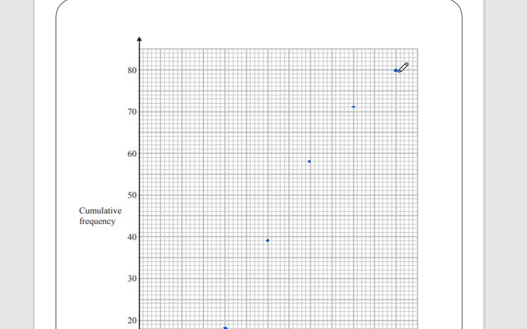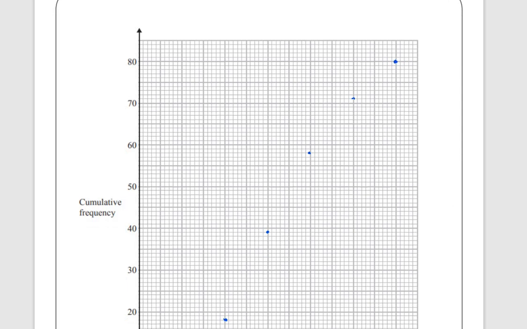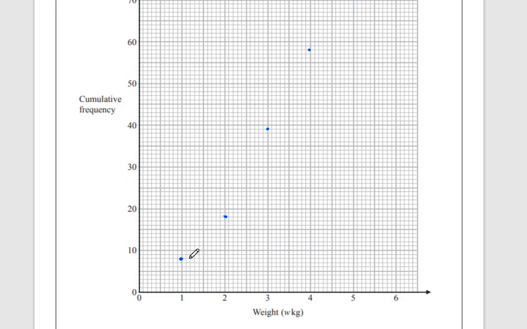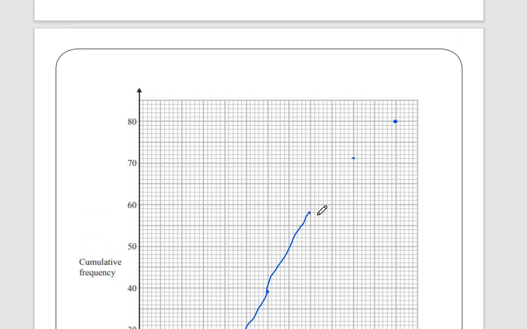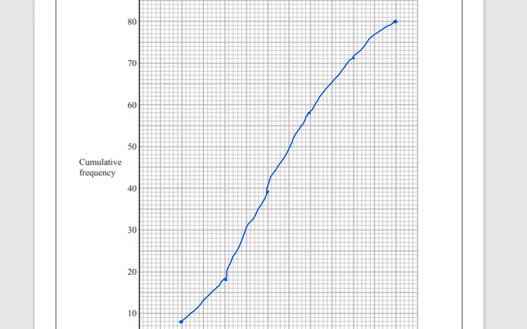So these are the points. Now you need to carefully join them. So that's done, and you just stop there. You don't need to extend this any further. You just stop it right there on the last point.